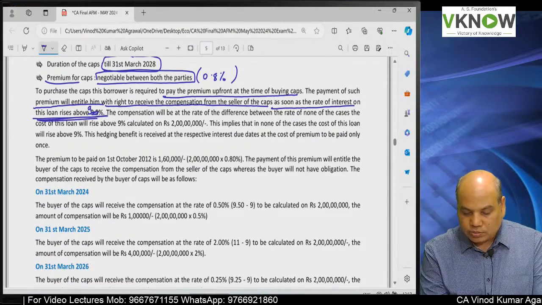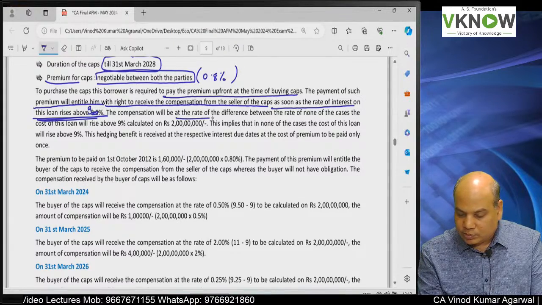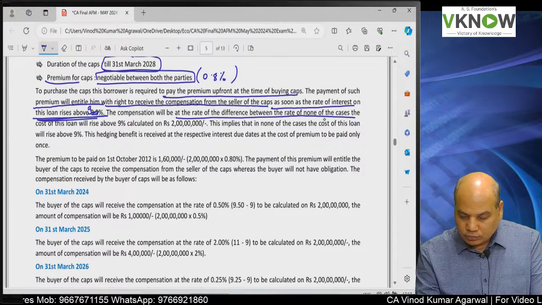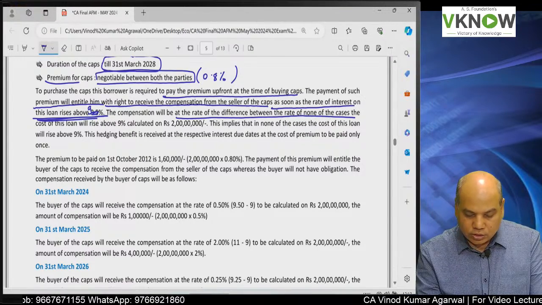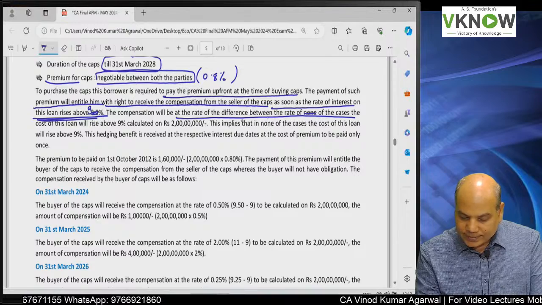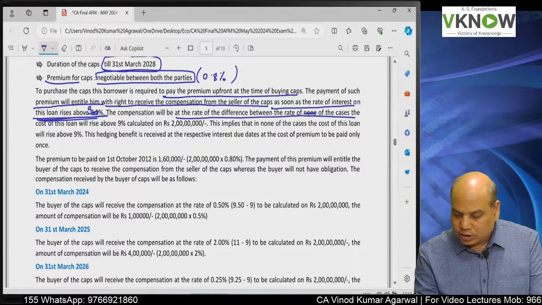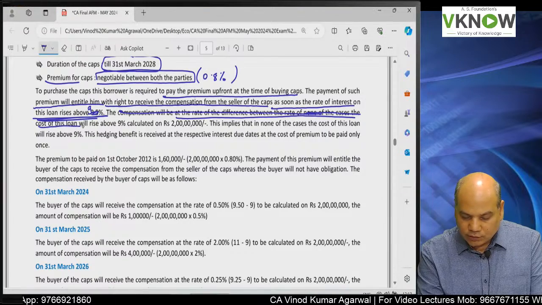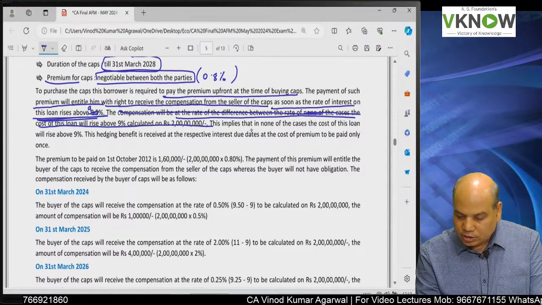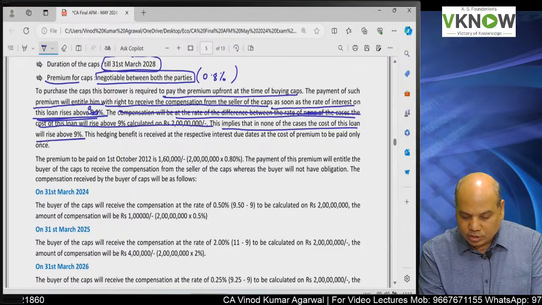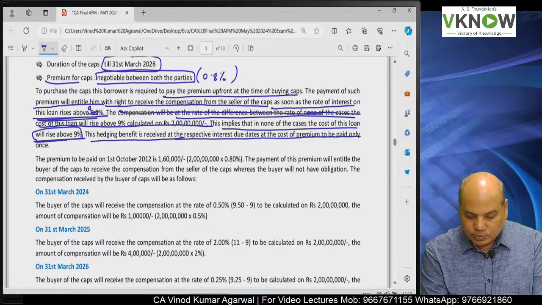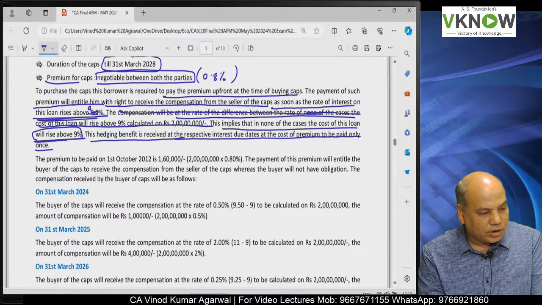If the interest rate goes above 9%, the compensation will be the difference between the rates. Just forget this line, some drafting mistake. This implies that in none of the cases the cost of the loan will rise above 9%. The hedging benefit is received at the respective interest due date at the cost of premium to be paid only once. So let us come to the calculation part.